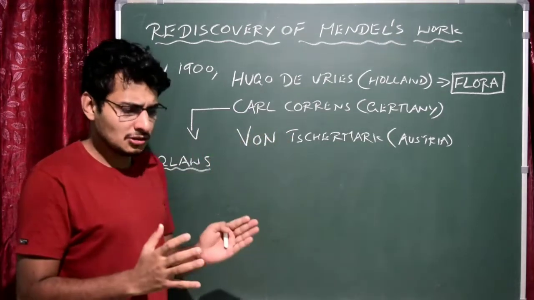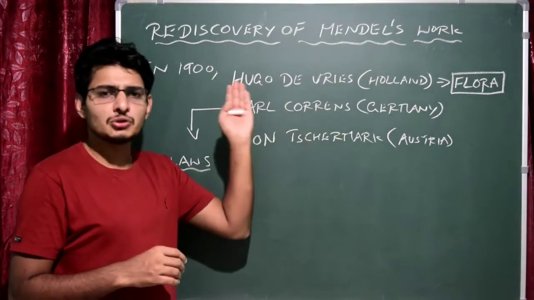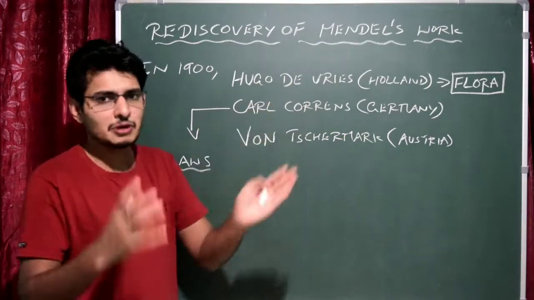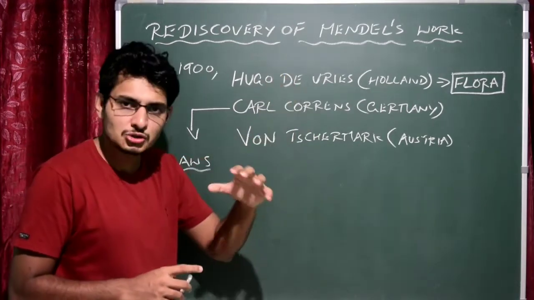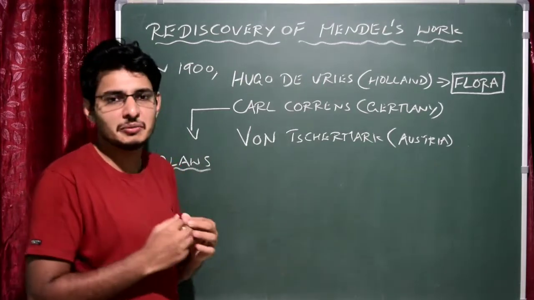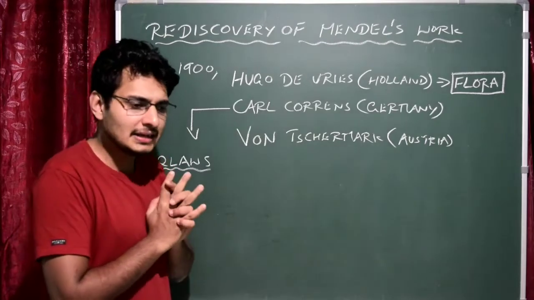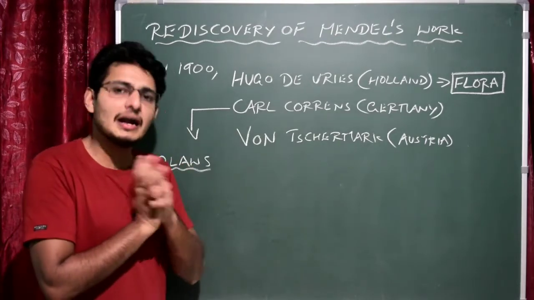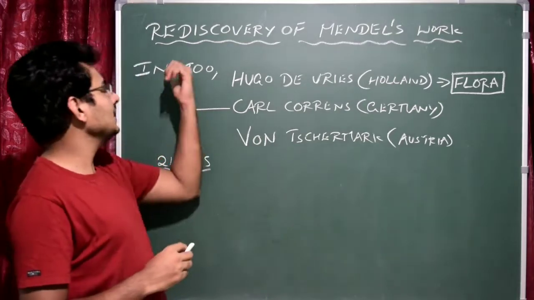Once Tschermak found that Karl Correns was doing the same experiment, and Hugo de Vries also found that 2 other scientists were doing the same experiments on the particular topic, they met and finally decided to republish Mendel's article in 1900.